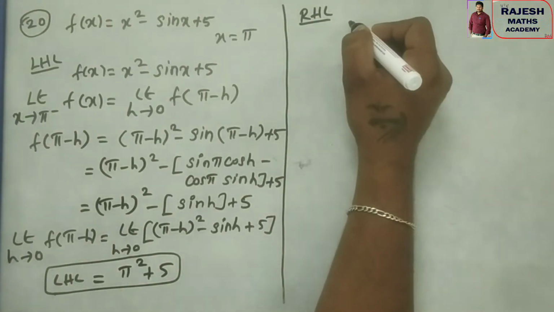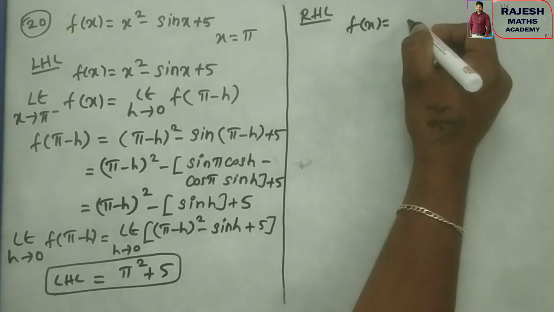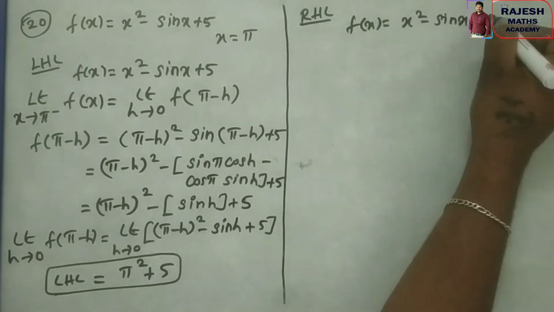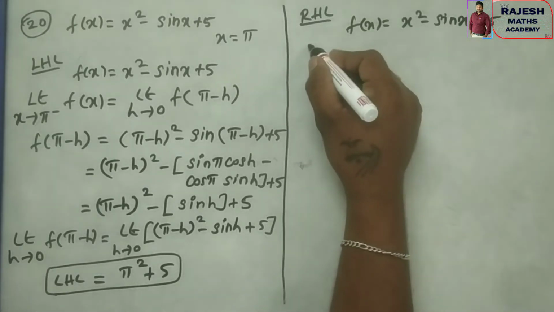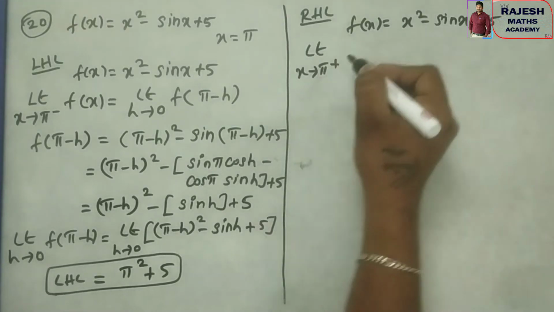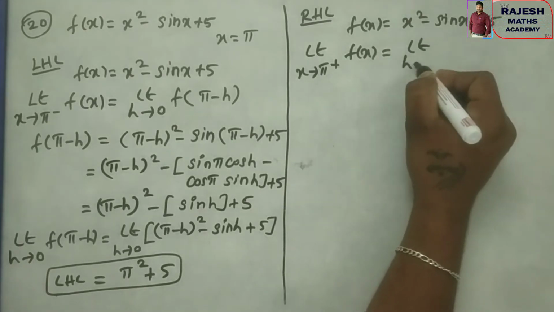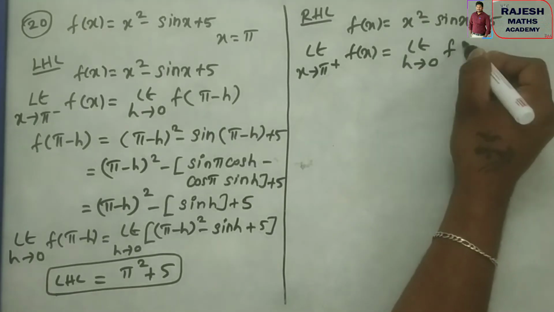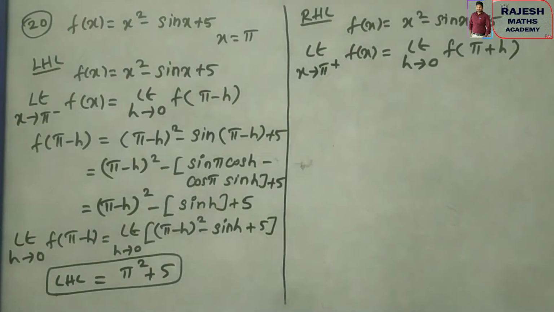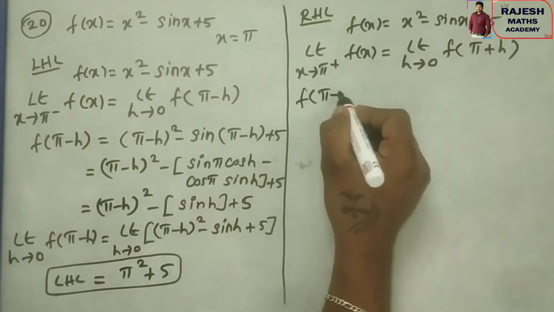So what about the RHL for this function? RHL, right hand limit at x equal to pi. Here also the same f of x, that is f of x equal to x square minus sin x plus 5. I need to apply the right hand limit definition. Limit x tends to pi plus f of x is equal to limit h tends to 0 f of pi plus h. So already I have the value of f of x, I need to find the value of f of pi plus h.